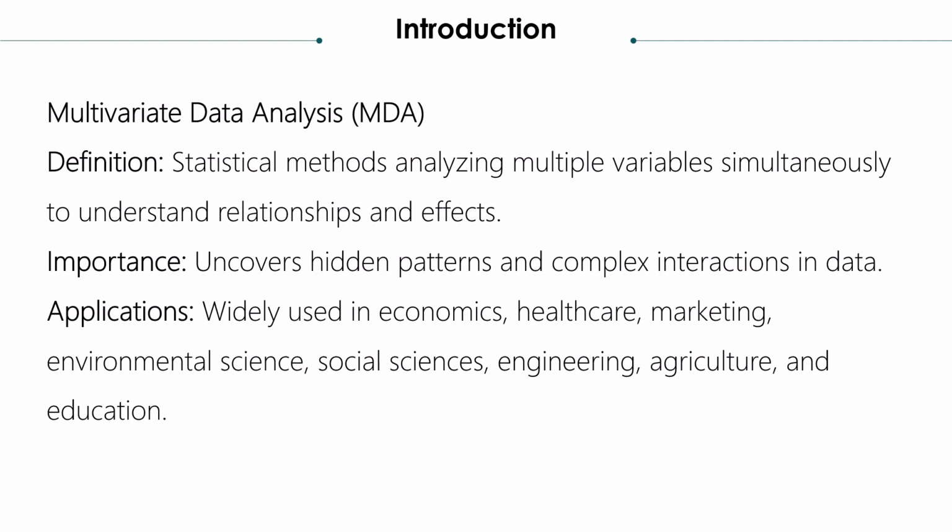The applications of MDA are widely seen in economics, healthcare, marketing, environmental science, social science, engineering, agriculture and education. So mostly any industry or sector that deals with plenty of data will opt for MDA.